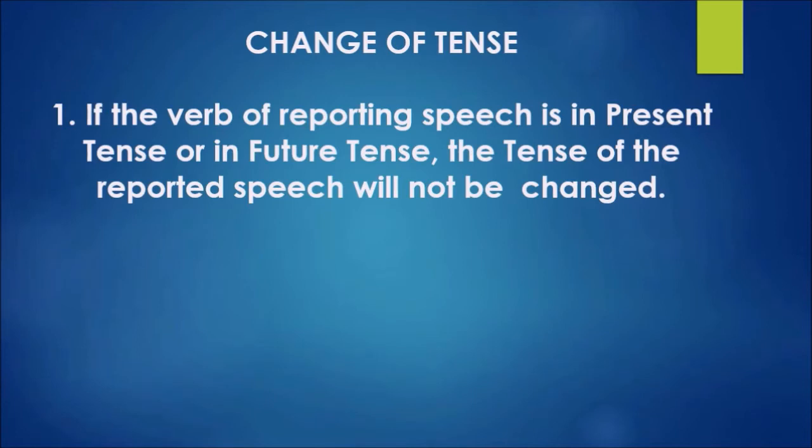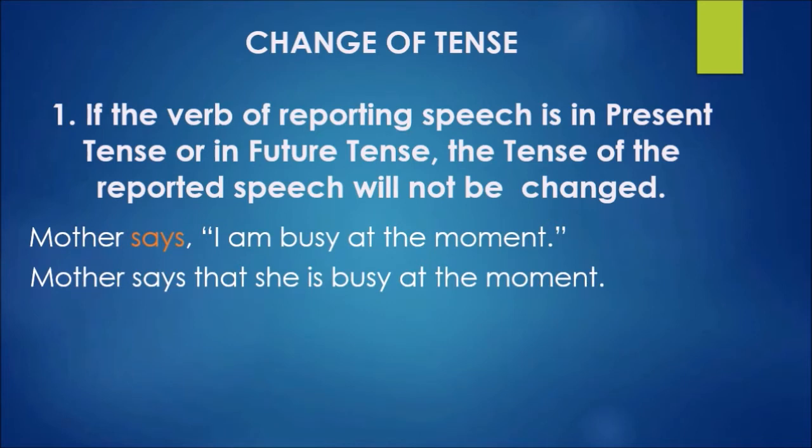If the verb of the reporting speech is in present tense or in future tense, the tense of the reported speech will not be changed. For example, mother says, I'm busy at the moment. Mother says that she is busy at the moment. Look at the sentence. We remove the inverted commas, we use that, we change the pronoun, but we did not change the tense.